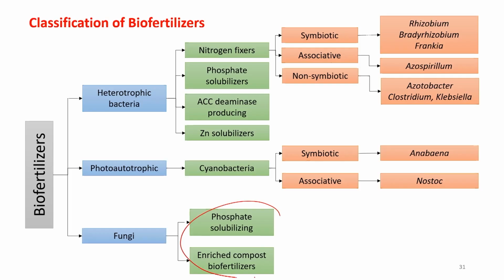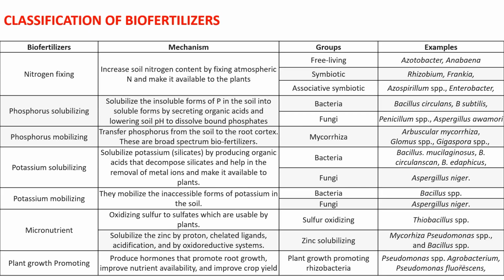In phototrophic organisms we have cyanobacteria, which may be symbiotic and associative, and then under fungi we have phosphate solubilizing and mobilizing microbes, and also enriched compost biofertilizers. Nitrogen fixers may be symbiotic, associative or non-symbiotic. For example, we have Rhizobium, Azospirillum and Azotobacter respectively.